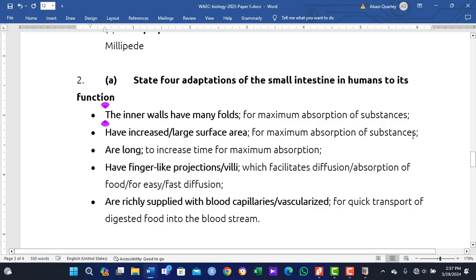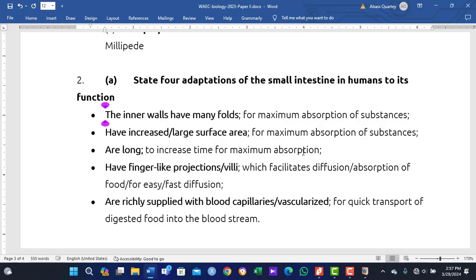So the longer the food stays in the small intestine, the more time it allows for absorption and diffusion to occur, and then as much of the useful end products as possible get into the bloodstream. Then we have finger-like projections called villi, which facilitate absorption of food for fast diffusion.